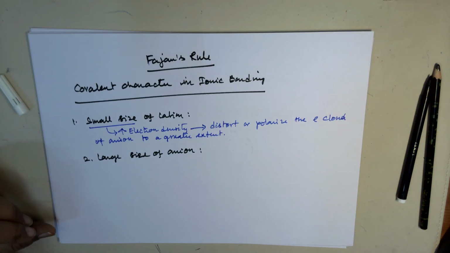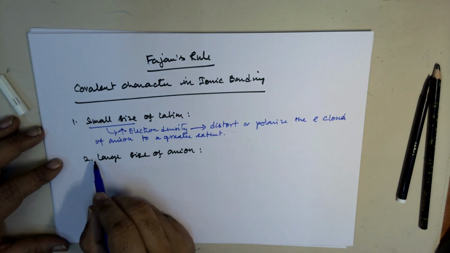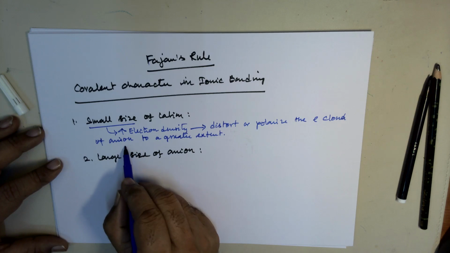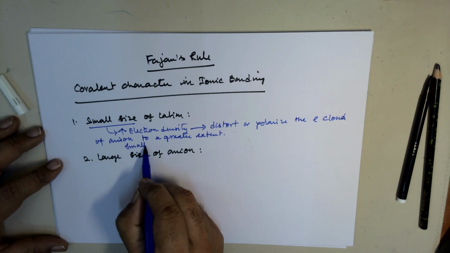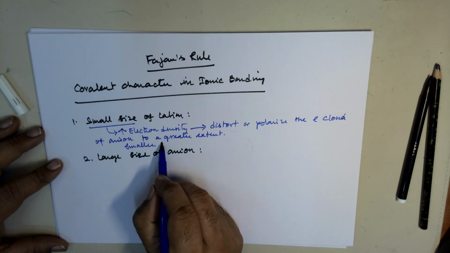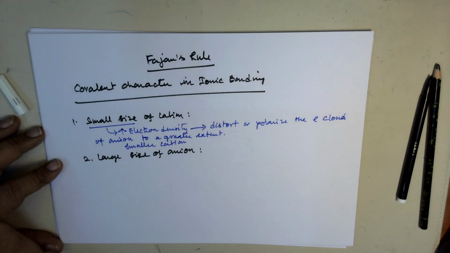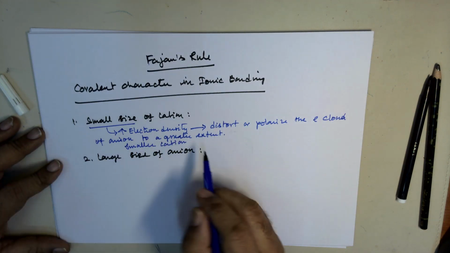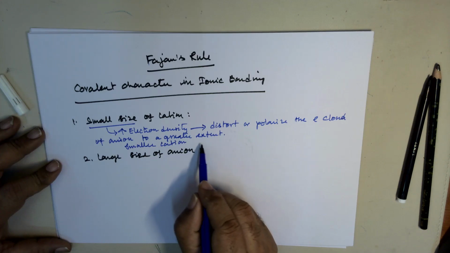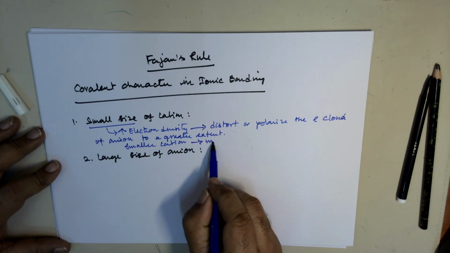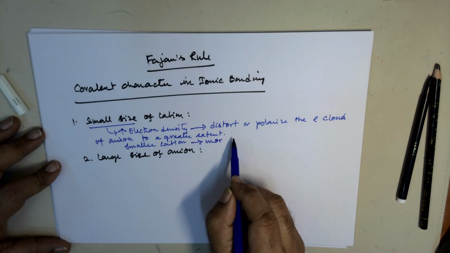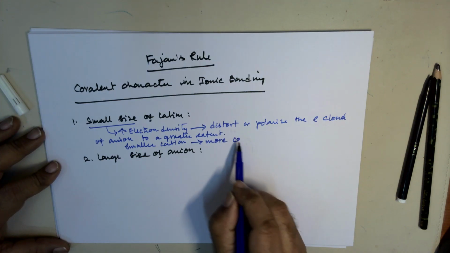So the compounds containing small cations will have more covalency. Smaller the size of the cation, more covalent character in ionic compounds.